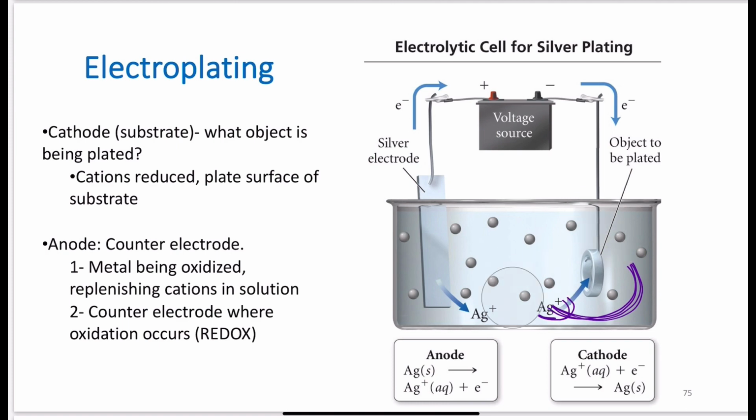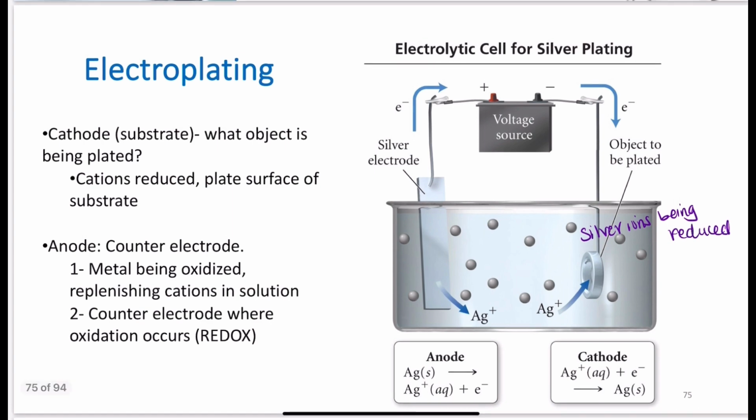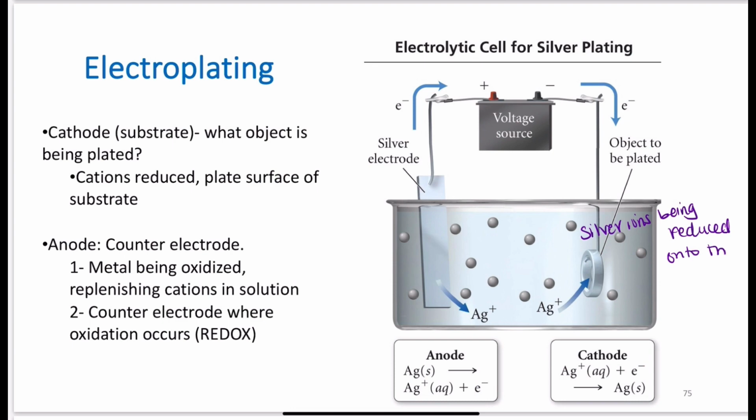So what we see is that silver ions are being reduced not just at the cathode, but onto the cathode. I apologize, that's supposed to say the.